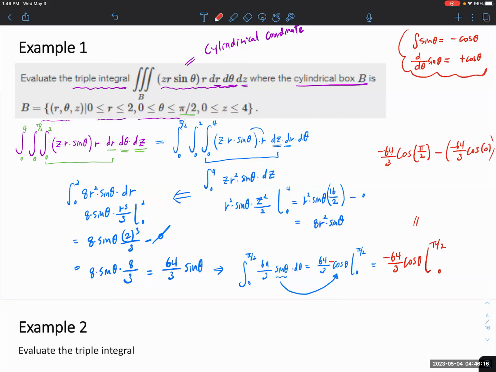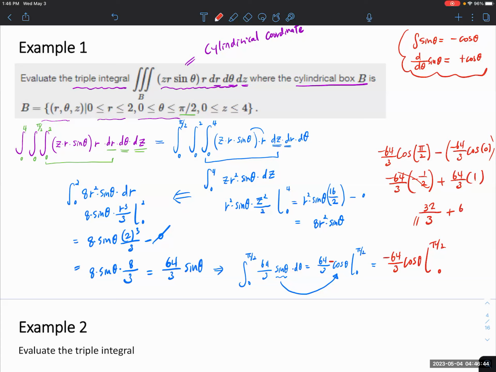There we go. So negative 64 over 3, pi over 2 cosine is a negative 1 over 2. Go to decimal. And then double negative changes to positive. And this is 1. So therefore, I got double change to positive. So 32 over 6, actually 3, because I divided by 2.